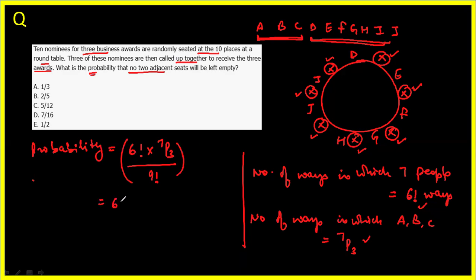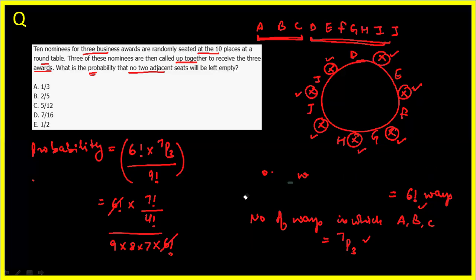The 6 factorial stays as it is. 7P3 we can write as 7 factorial over 7 minus 3, that is 4 factorial, over 9 factorial, which can be written as 9 times 8 times 7 times 6 factorial. 6 factorial gets cancelled out. Let's simplify this further. What's the numerator now?